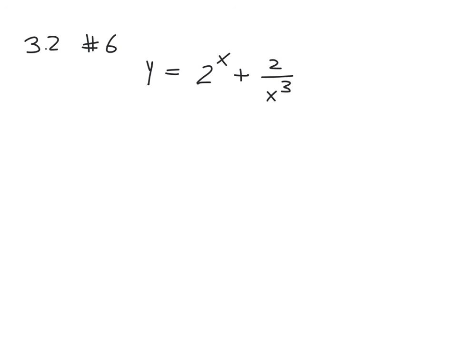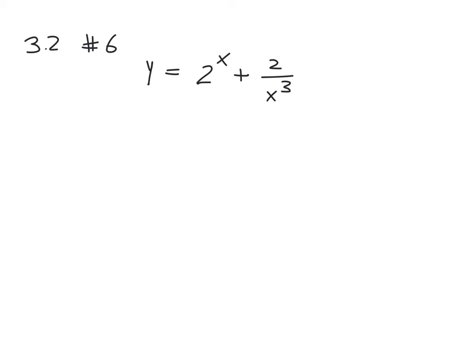Now, equipped with this new rule, we can apply it to these kind of functions we've looked at before, right? Remember, we looked at combinations of power functions, sums of power functions. Now we can also look at combinations, sums of power functions here with exponential functions, right? And by the sum rule, the derivative of this is just taking the derivatives of the individual terms and summing them up.